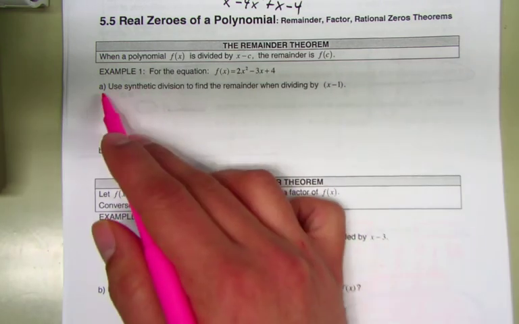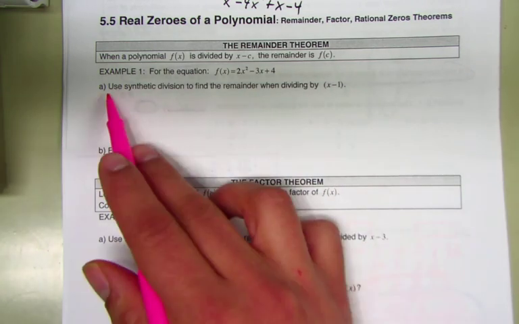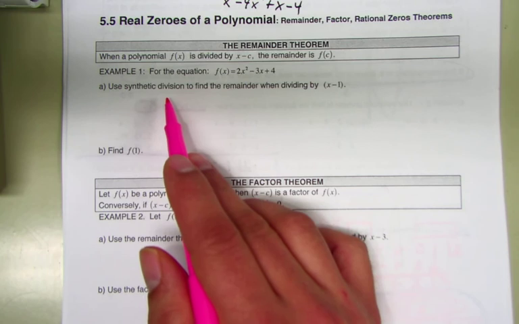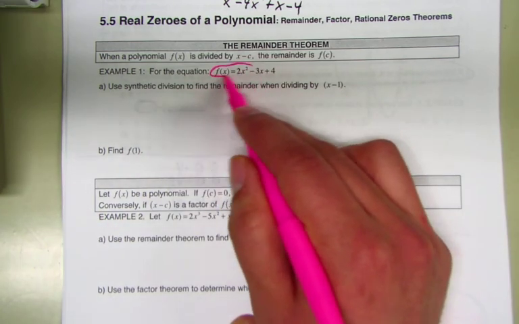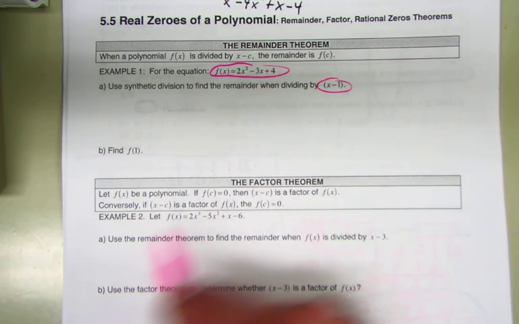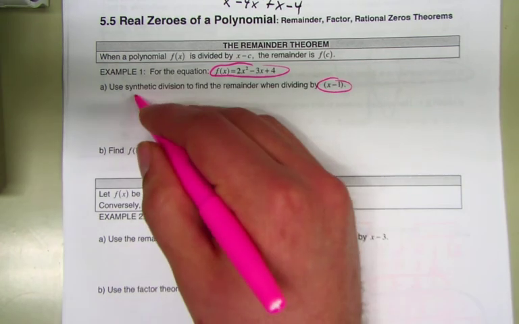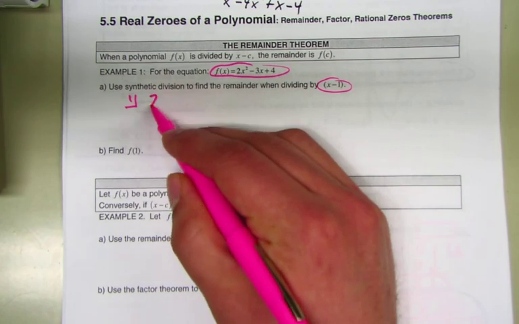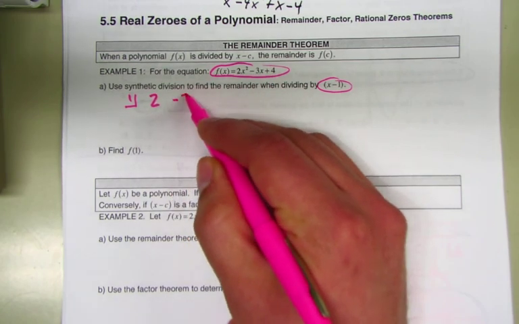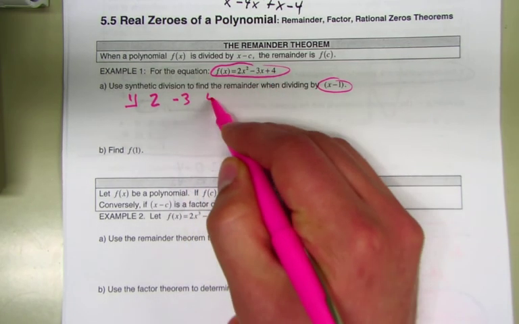Actually, let's just do this first example together. You guys remember how to do synthetic, right? How do I set it up if I want to divide this by x minus 1? What do I put in the little box here? 1. Okay. And then the coefficients are 2, negative 3, and 4.